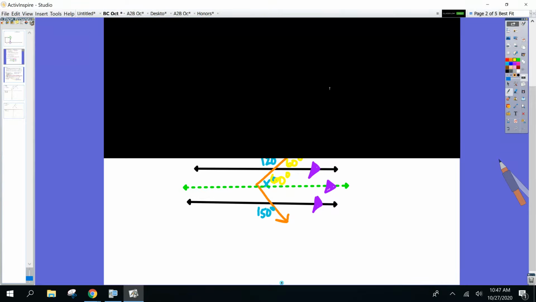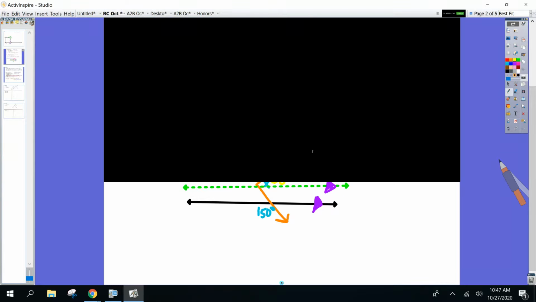Let's go down to the bottom half of this diagram. That's 150. There are a couple of different ways I could do this, just so I can talk about different angles. Let's say this is 30 now because it's supplementary, linear pairs. What type of angles are the 30 and this angle right there between my auxiliary line and the bottom parallel line?